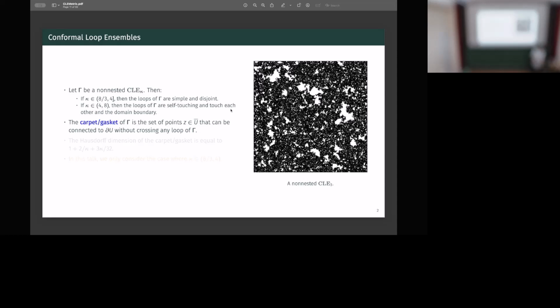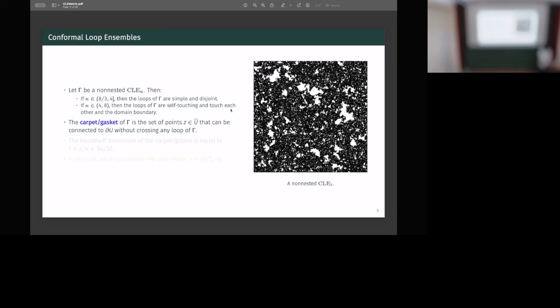But in both cases, it is defined to be the set of points that can be connected to the domain boundary without crossing any loops. For each of these points, you can find a path connecting to the boundary without crossing any loops.